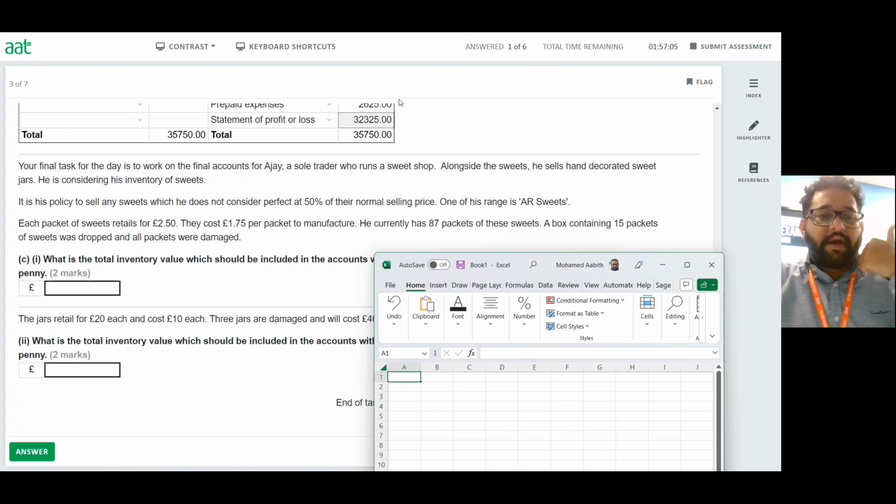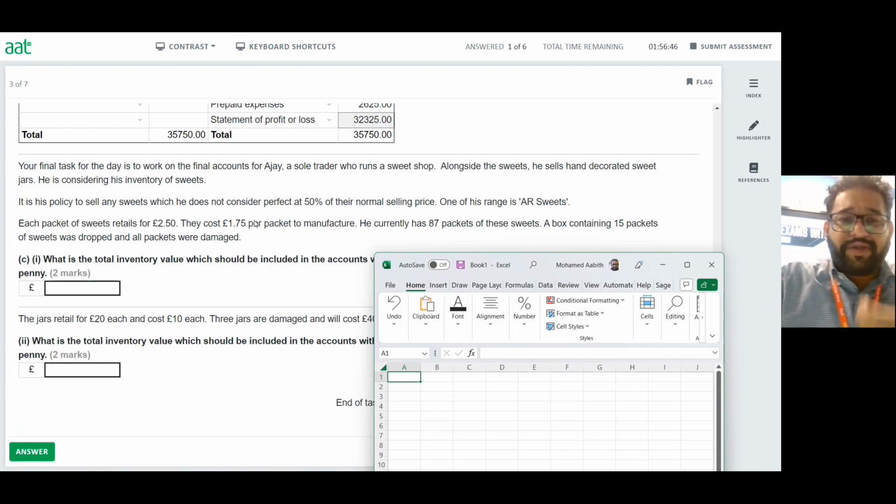Here we have to look at the cost, which is £1.75. The net realizable value, because it's going to be 50% of that one, is going to be £1.25. So therefore, any damaged sweets will be sold at £1.25, which is lower than their cost.